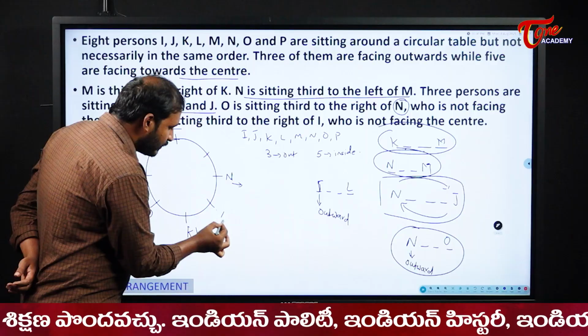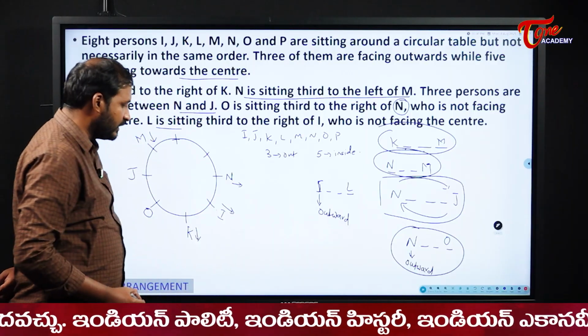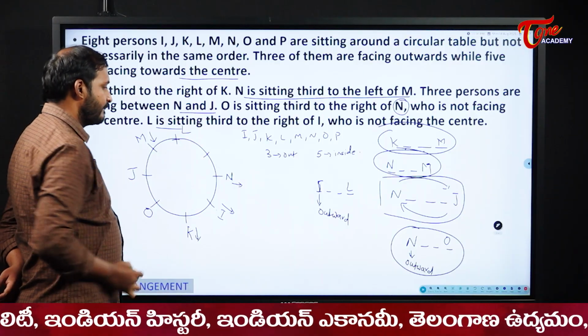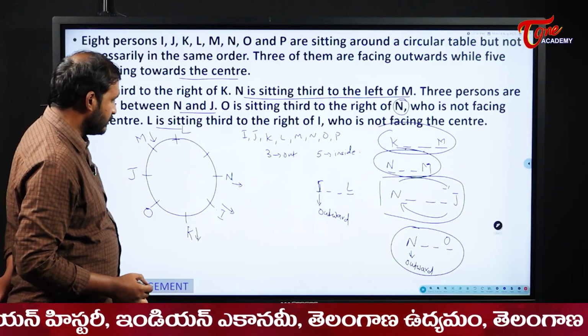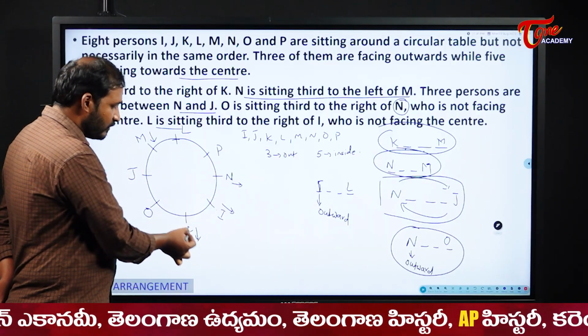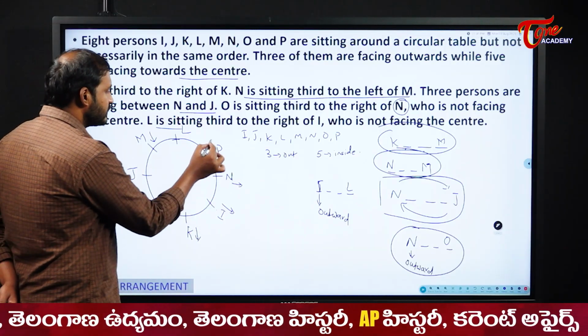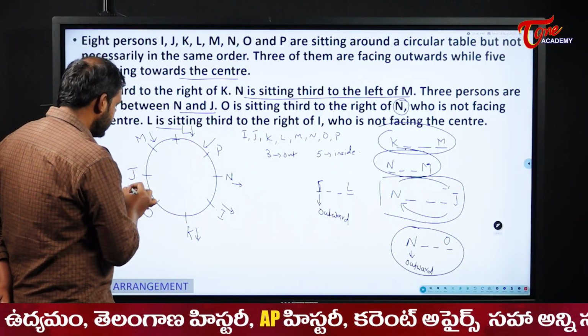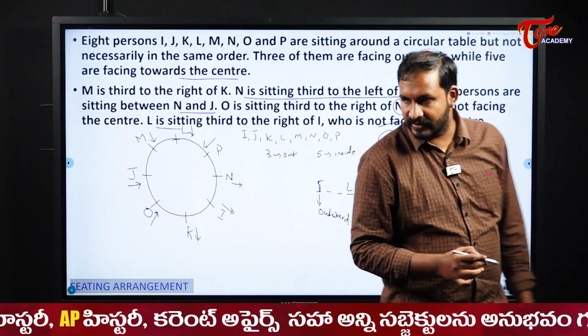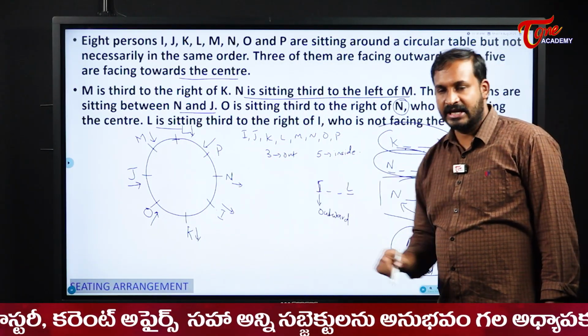So definitely I should put I here. He is facing outward, so his second left means it will be here. Now overall all persons are placed, only P is left for us. We came to know that these people are facing outward means all the remaining people will face inward. So this is the final arrangement which we can make from the given data.